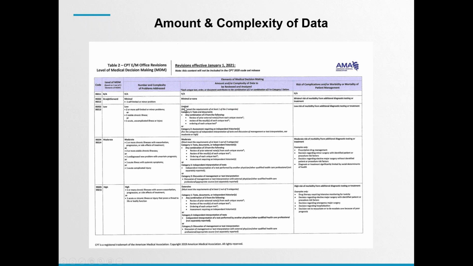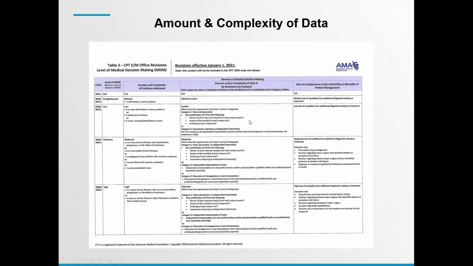But notice, to get limited, we have 2 categories that we can choose from. Category 1 refers to tests and documents, and you need 2 bullet points from any of the following. One can be a review of prior external notes, again from each unique source, right?